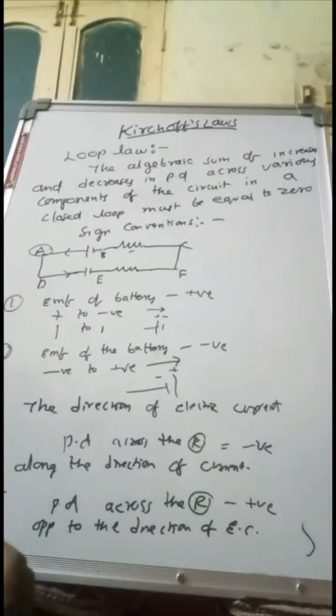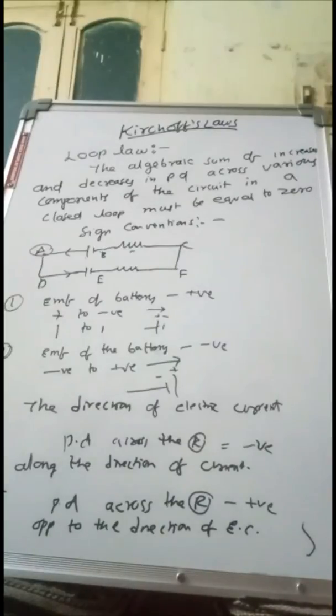The loop direction is like this and the current direction is like this, so we have to take it as positive. So we have to apply all these sign conventions for our loop.